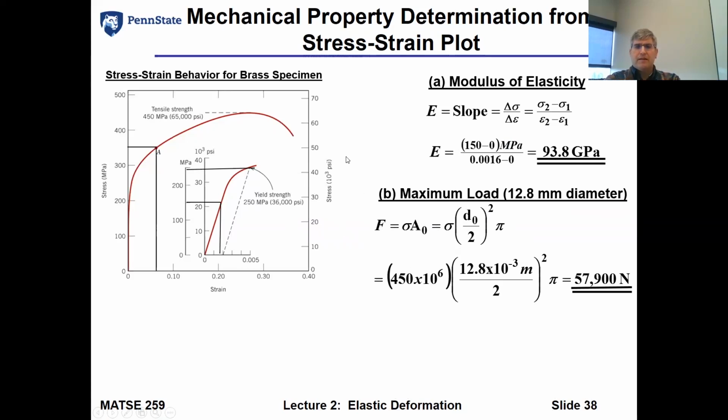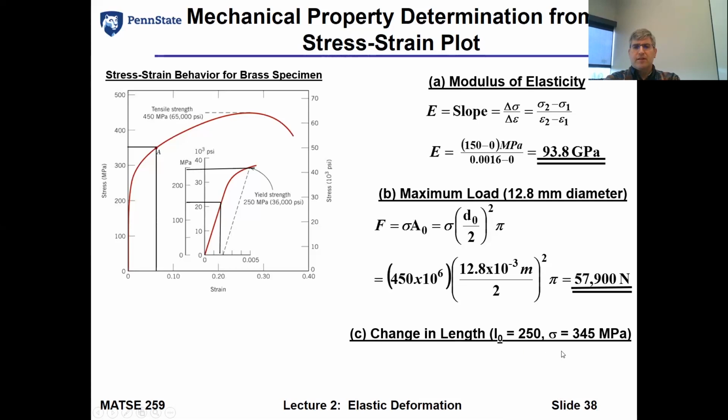In this case, the maximum load that this bar can withstand corresponds to what we consider the tensile strength, the maximum value on the stress strain curve, and we see it defined here. That's where we come up with our stress for that maximum load. And then the change in length.